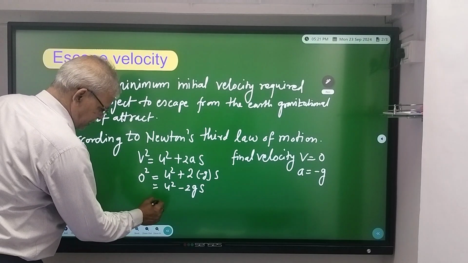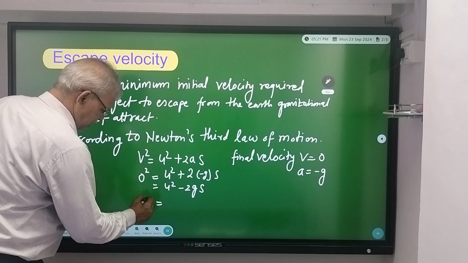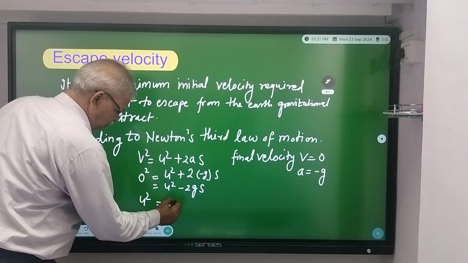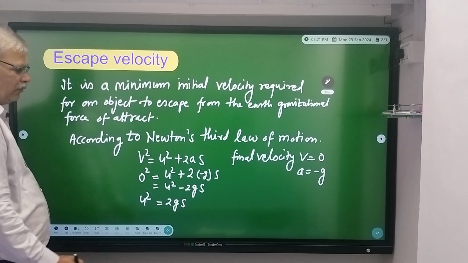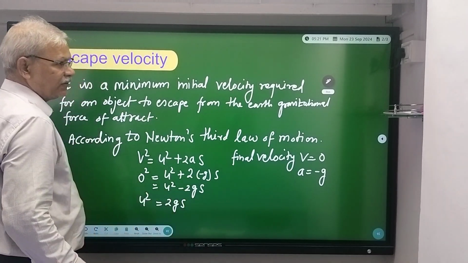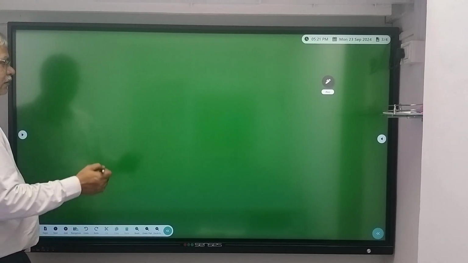You can say that U square is equal to 2Gs. Okay, where S is the displacement, or you can say it is the height.